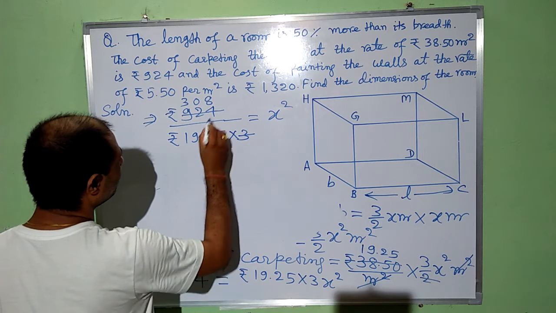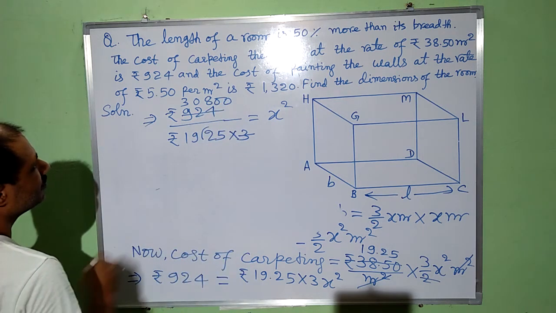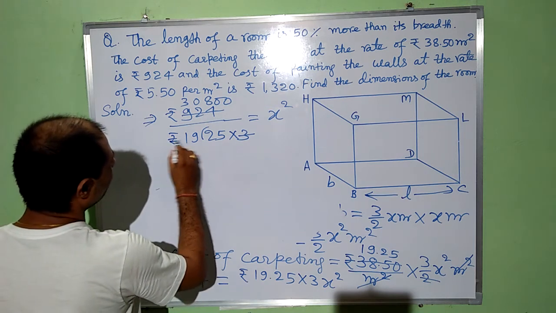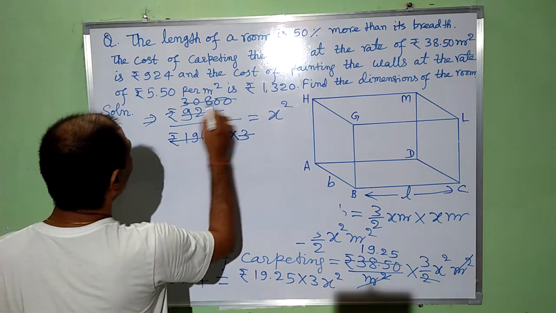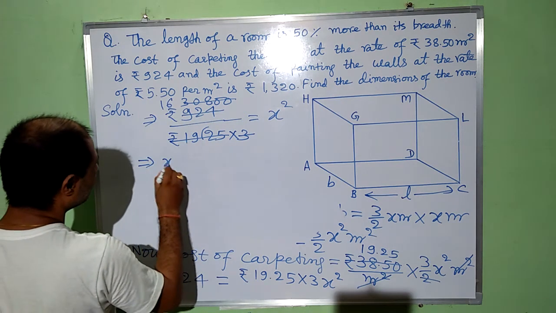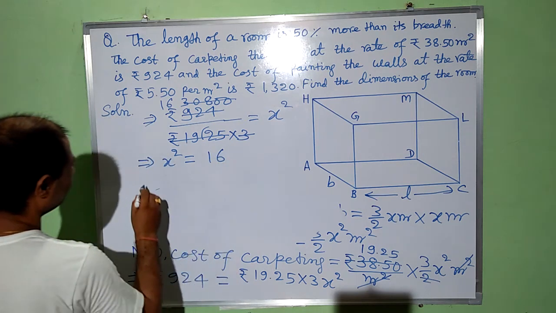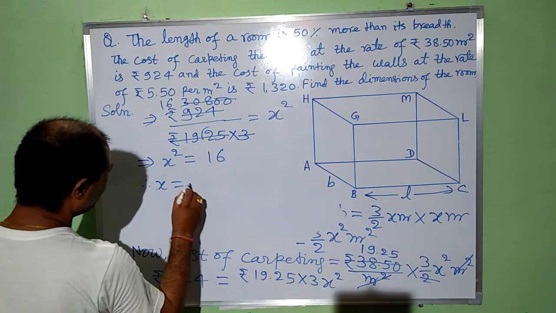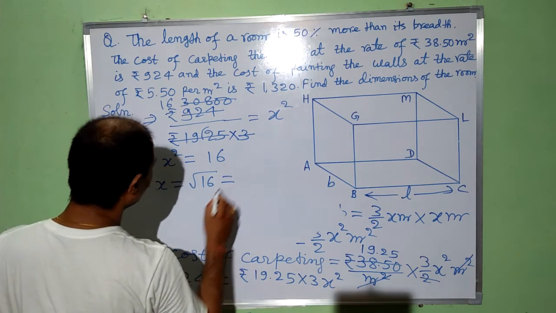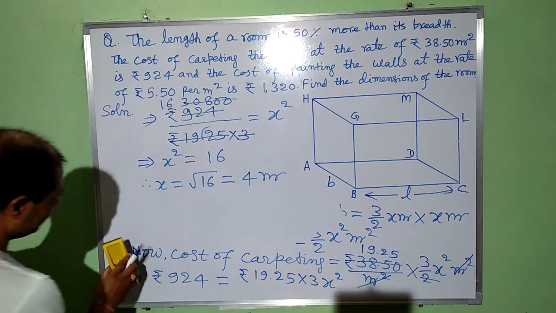Decimal will be erased. Then put here 2 zeros, and this part will be cancelled in 16 times. Implies that x square is equal to 16. Hence x is equal to root under 16, that is 4 meter. This is the value of x.